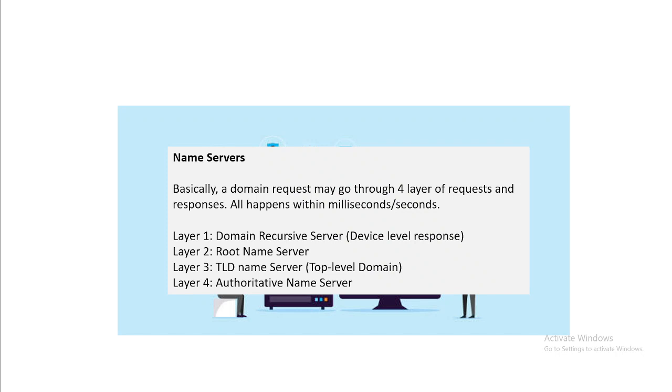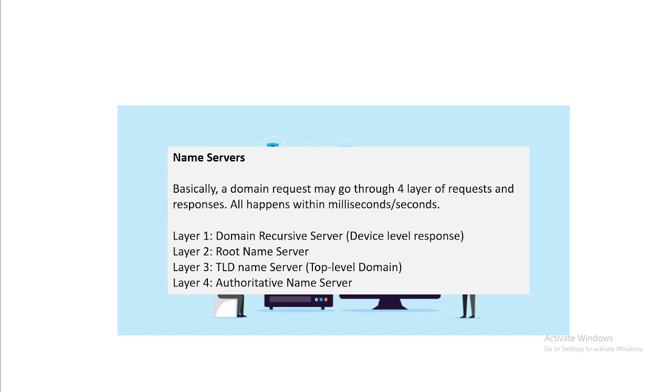Number 4 is authoritative name server. So these are the levels of servers that your request can reach before it returns a response to you on your web browser whenever you make a request.